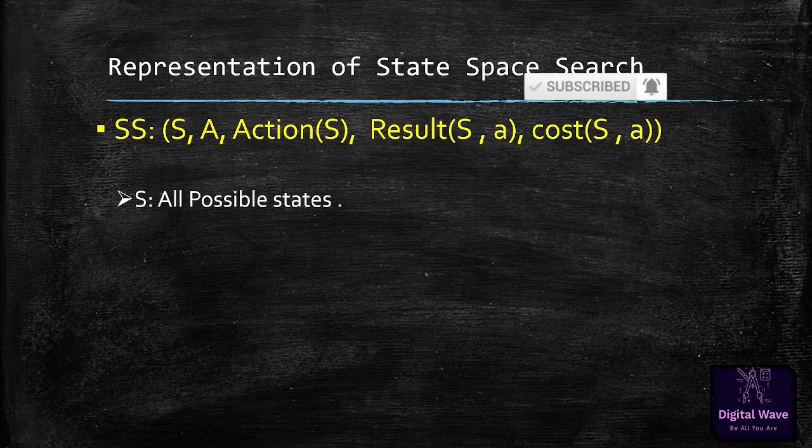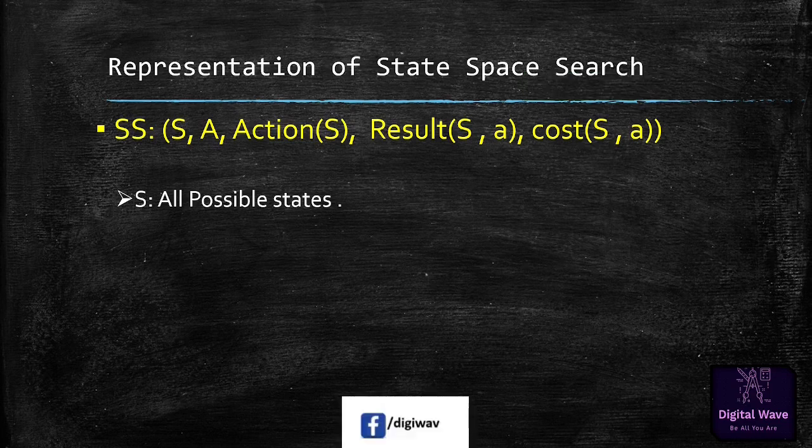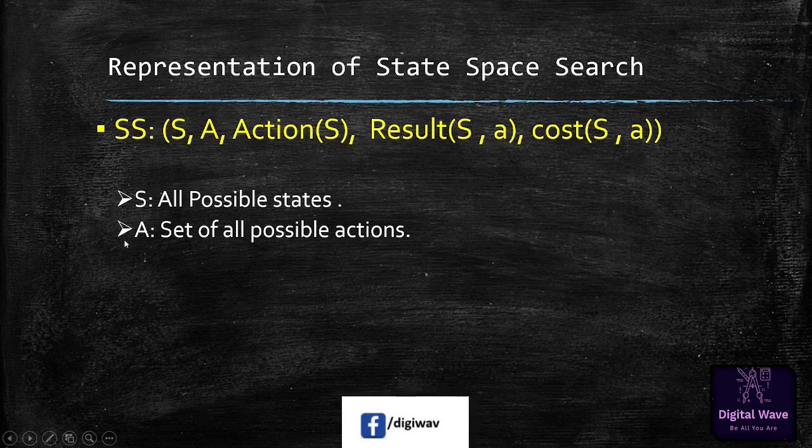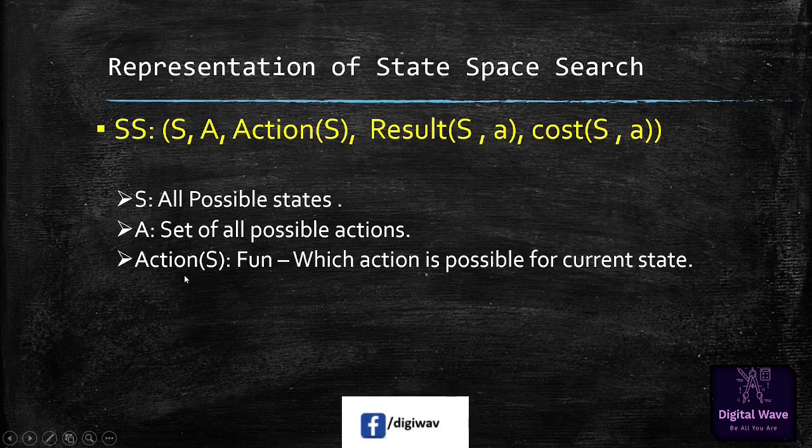If we have a problem and have to provide a solution, then this S will represent all possible states to reach the goal state. After that, this A will indicate the set of all possible actions required to provide a solution of the problem. Whatever actions we perform to solve that particular problem, this A will denote those actions.